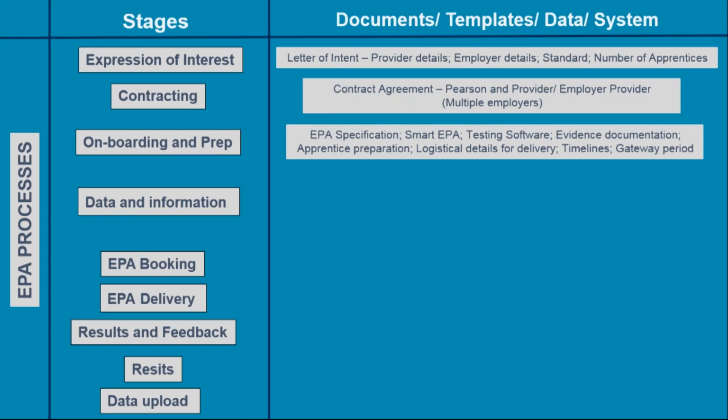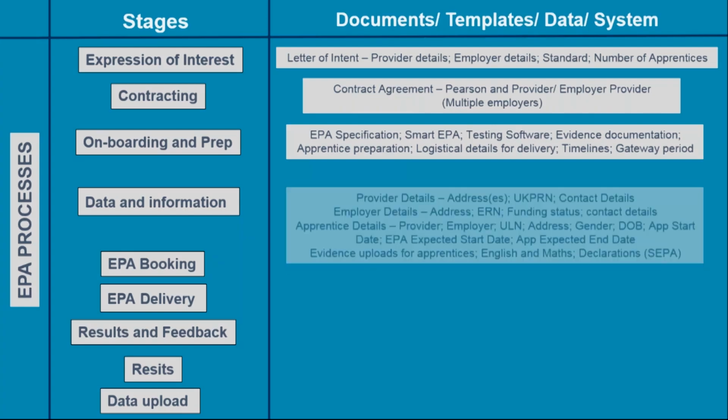And there are only a few logistical questions which we would need to find out a bit more about, because all of the details about the apprentice, their data specific to the standard, can all be captured directly on Smart EPA. So we've reduced that massive step of you having to fill out a Google Sheet or a Word document, etc. The data and information.